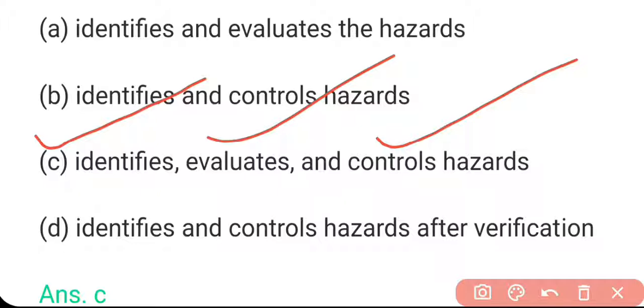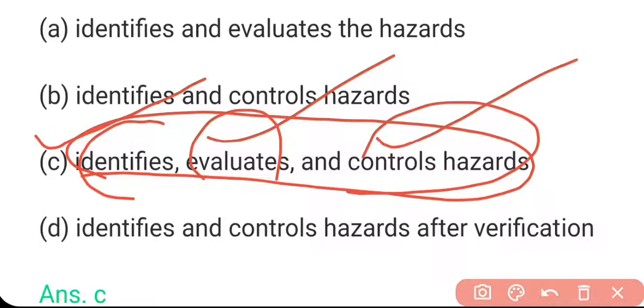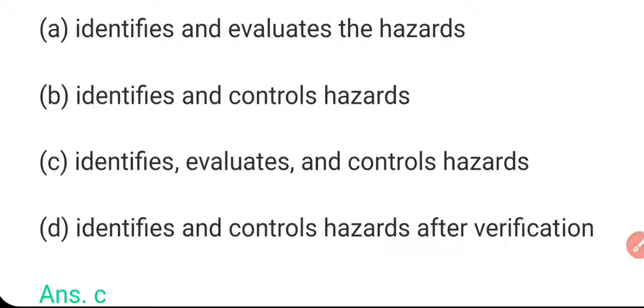A hazard is associated with risk: something which has the potential to cause harm or create some risk. So HACCP identifies and evaluates the level of impact, then controls the hazards to an optimum or acceptable limit. Okay, so the right answer is C.